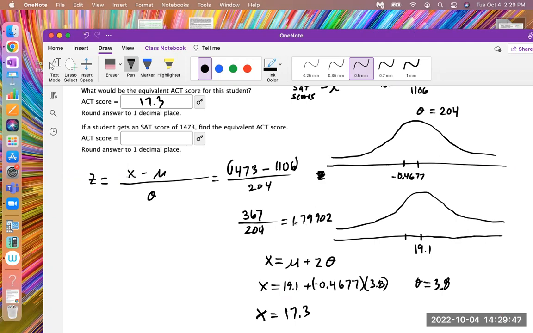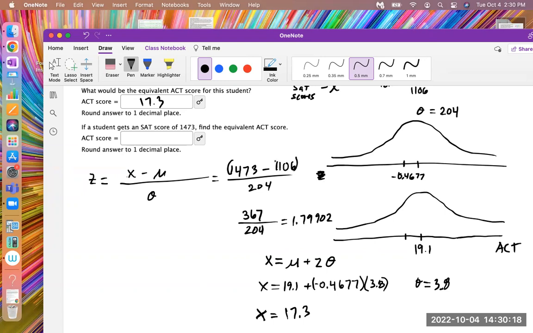This is the number of standard deviations that the z-score at 1473 is away from the mean. So now we need to go to this ACT distribution, and figure out, let's go exactly this many standard deviations, but we're going to use the ACT standard deviations, from 19.1.